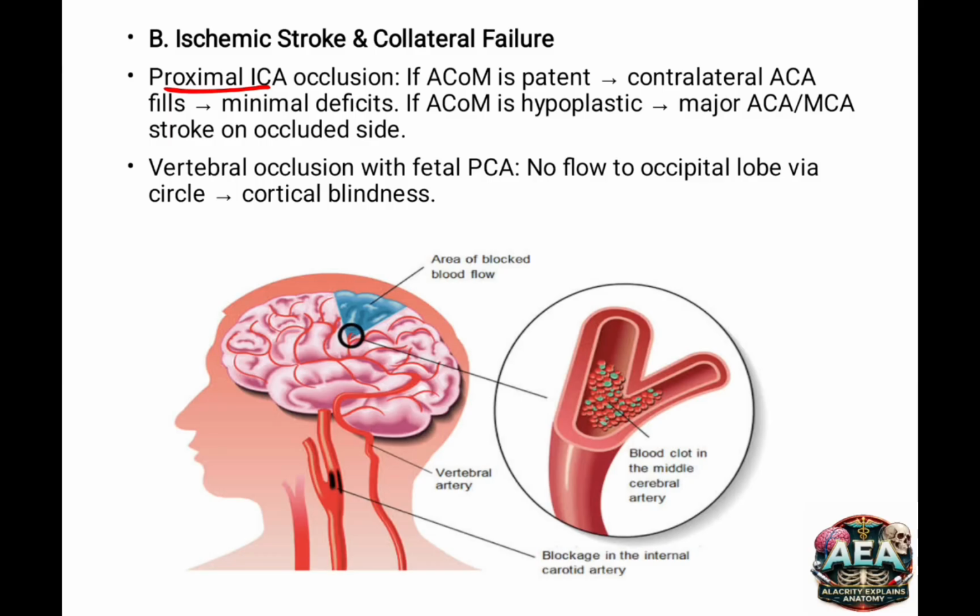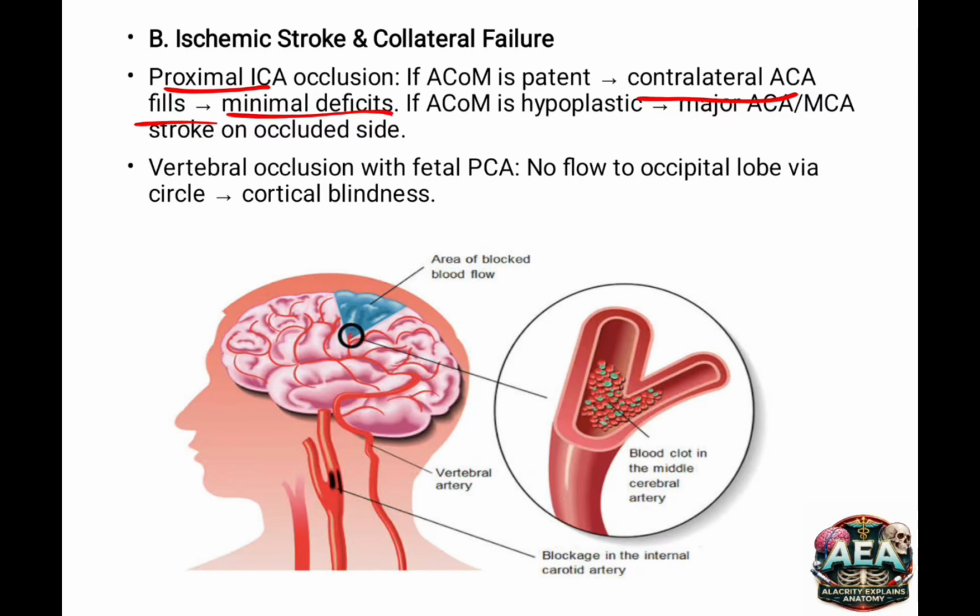But if the anterior communicating artery is patent, it's going to be collateral, and the anterior cerebral artery on the other side gets filled with blood, so there's minimal deficit.